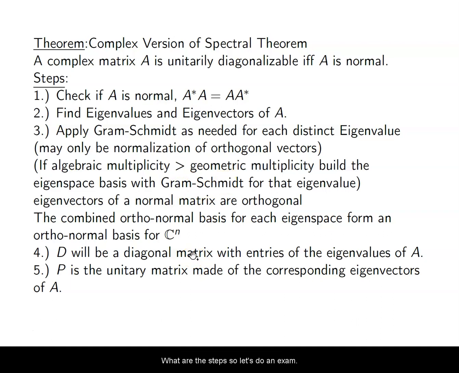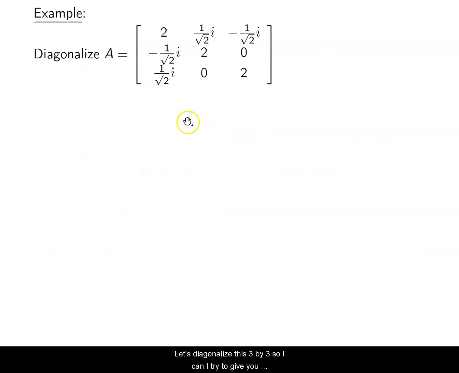So let's do an example. Let's diagonalize this 3 by 3. Again, I try to give you something a little more difficult than normal, so a 3 by 3 instead of a 2 by 2. If you look, I have real diagonal entries, and I have complex conjugates in the transpose positions.